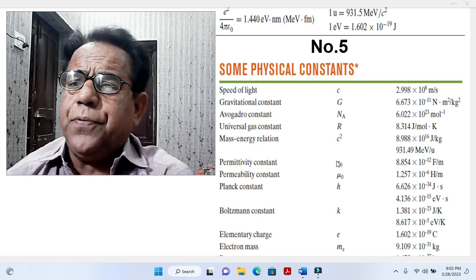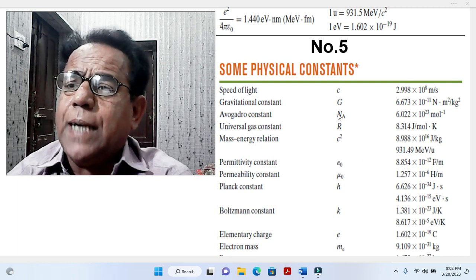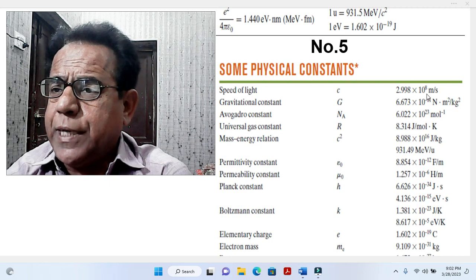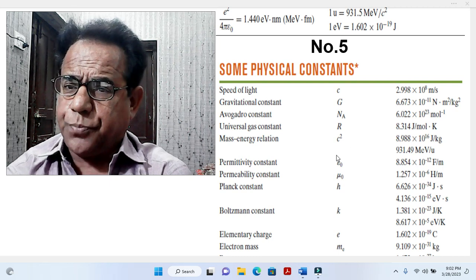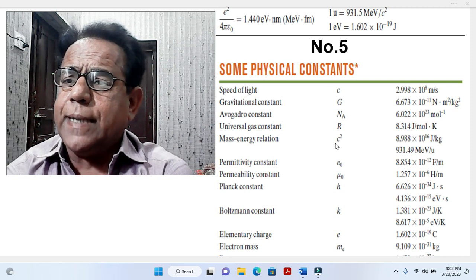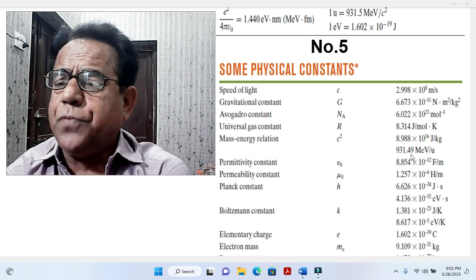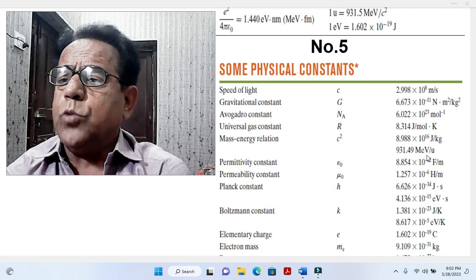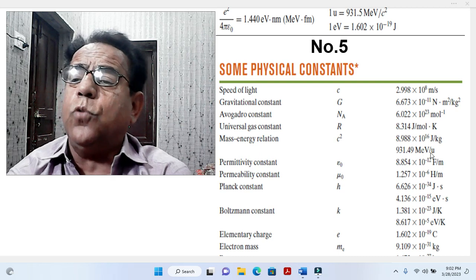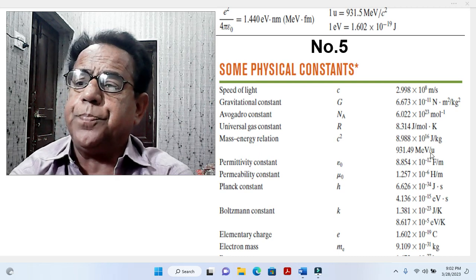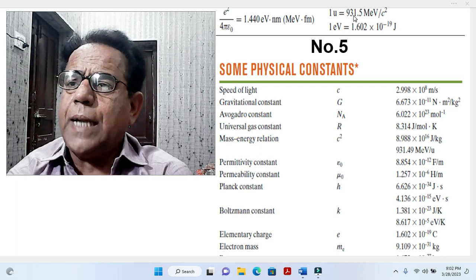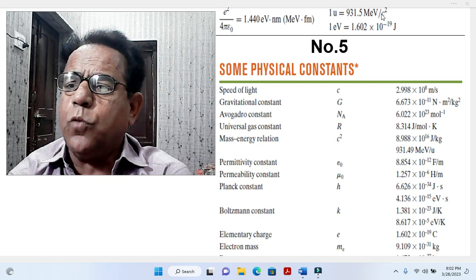However the only difference is that here not only the value of c is given, 2.998 into 10 to power 8 meter per second, but also the value of c square mass energy relation is given in terms of atomic mass unit: 931.49 million electron volt over u, and 1 u is 931.5 million electron volt over c square.